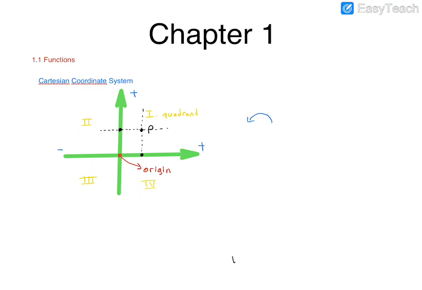So these 2 points describe our point P in the plane.